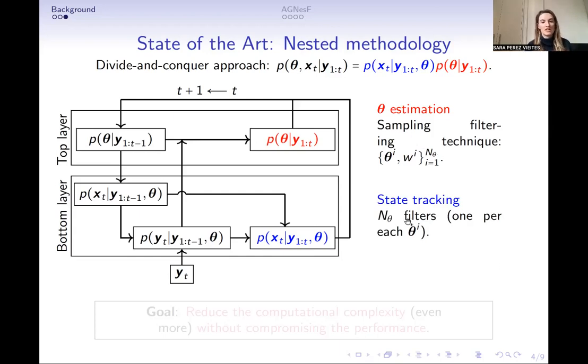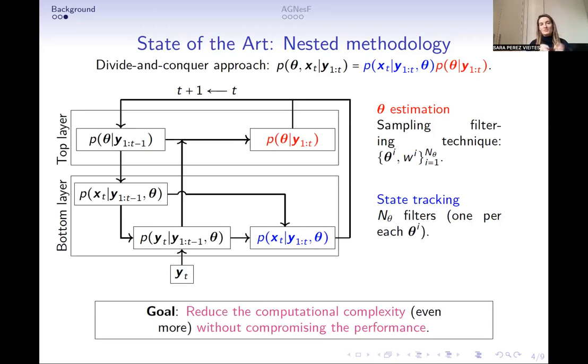So we can run a standard filtering technique that estimates both the predictive distribution of the state and the posterior one. The key here is that in this bottom layer, we can compute the evaluation of the likelihood of each sample of theta that we are going to need in the top layer for the update of the distribution.